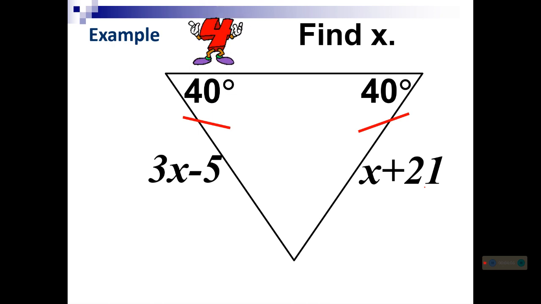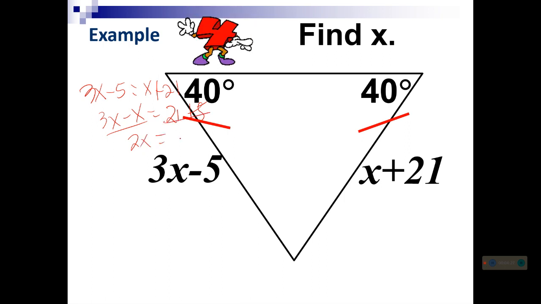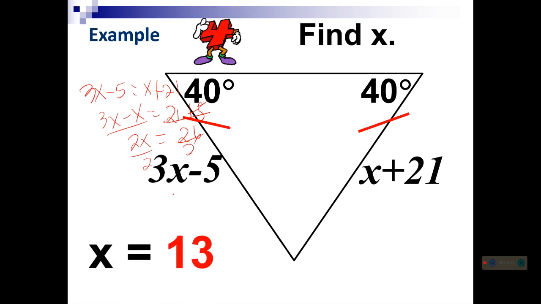To solve this, you equate the two binomials: 3x minus 5 equals x plus 21. So 3x minus x equals 21 plus 5, so 2x equals 26. Divide both sides by 2, so x is 13.